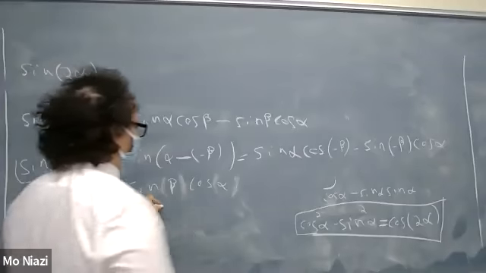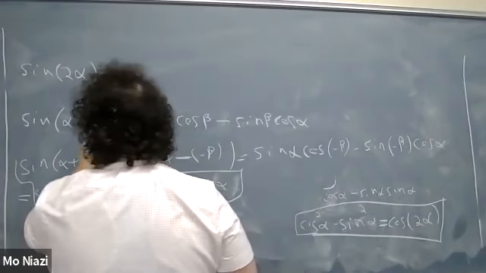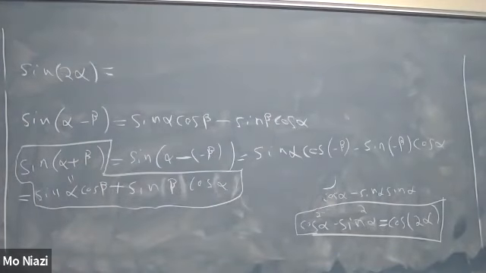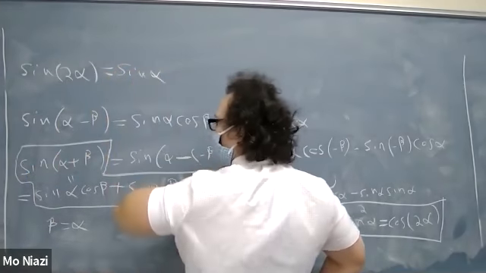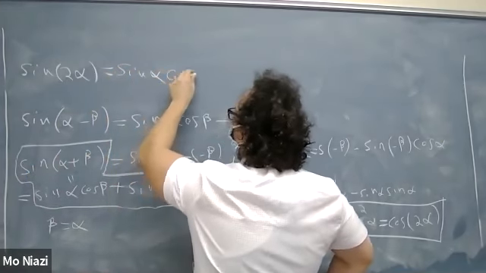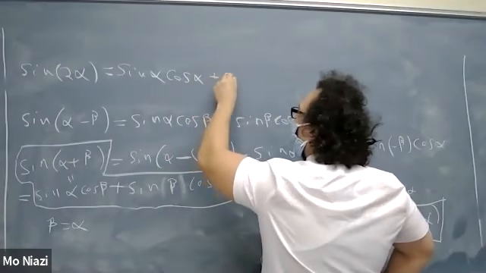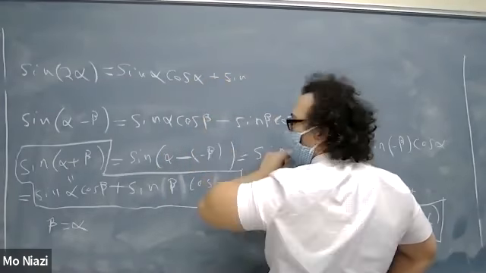We knew this identity right here, right? But I know that I can use this to extract a new equation for this. In this equation, set beta equal to alpha. Let beta over here equal alpha. Once you do that, this becomes sine of alpha cosine of alpha plus sine of alpha cosine of alpha.